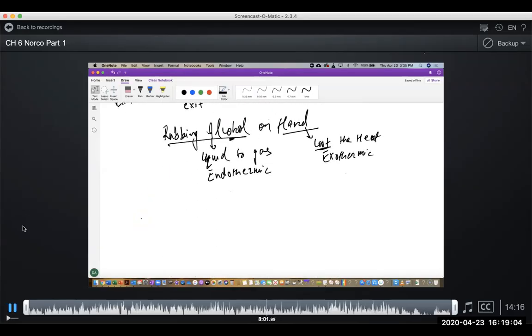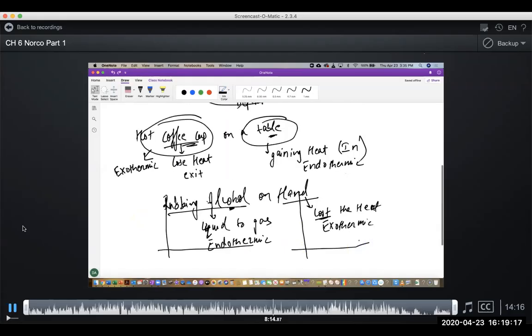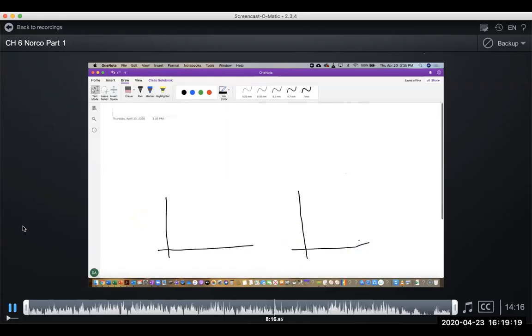Now we got to look at the graphs for endothermic and exothermic. And guys, you're going to be seeing this also as your extra credit question on exam 3. So what we'll do is you basically have to draw a reaction. Take another page. You have to draw a reaction where we label the x-axis as reaction and the y-axis as energy.